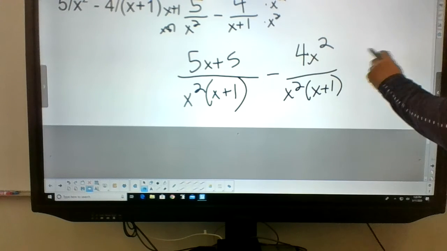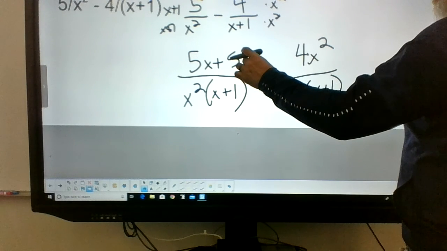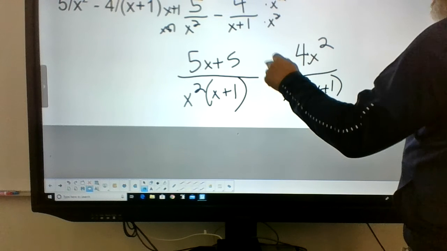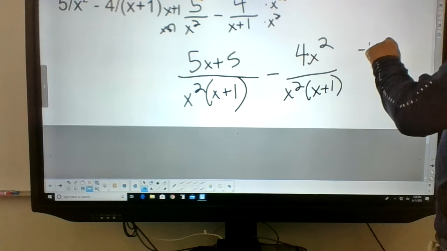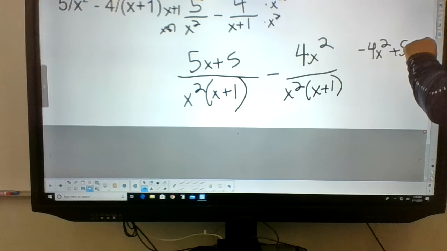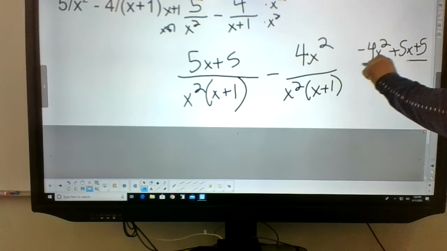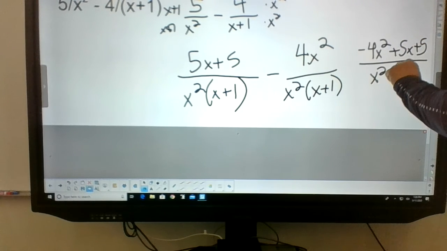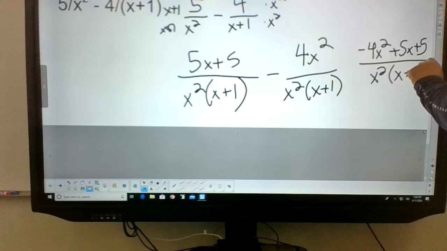Okay, so I'm going to write this in standard form. I'm going to write the x squared term first, which is negative 4x squared plus 5x plus 5 all over x squared times x plus 1. Again, gets a little bit weird on us there.